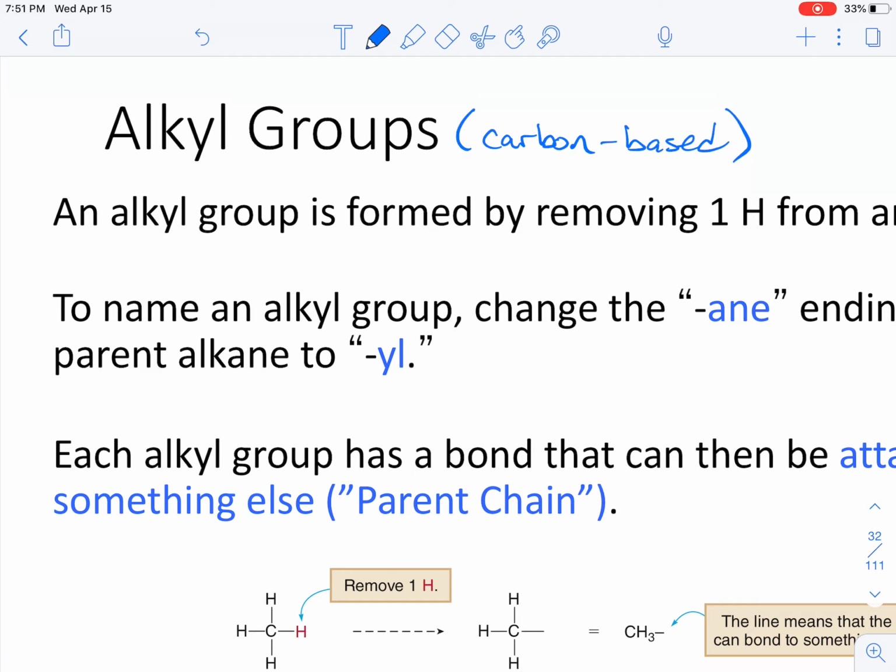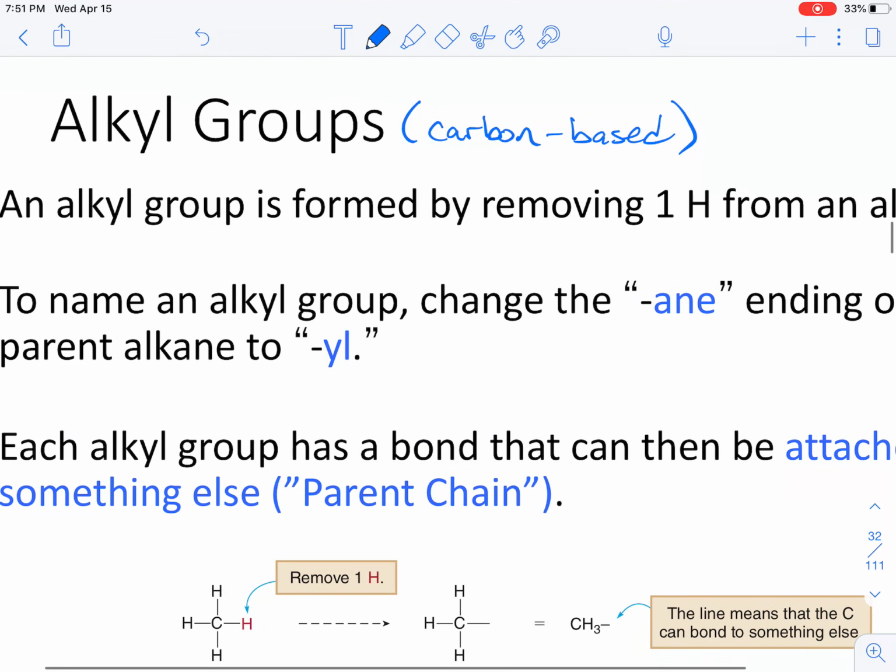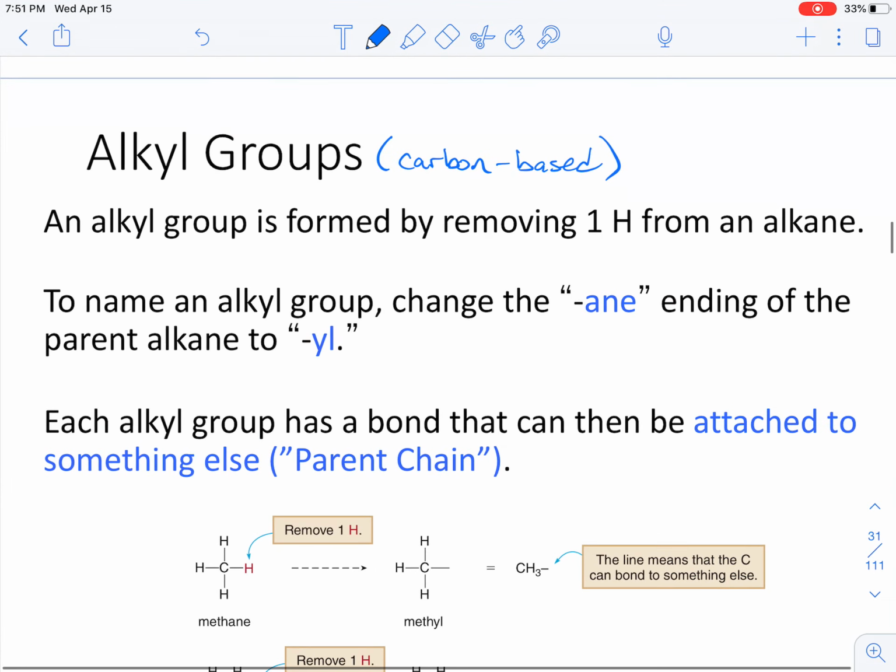And so these alkyl groups are formed by removing 1 hydrogen from an alkane. Okay? And since 1 hydrogen was removed from an alkane, we're going to change the ending from ane to yl, or YL. This is the reason why we see a YL at the very end of the name, alkyl.